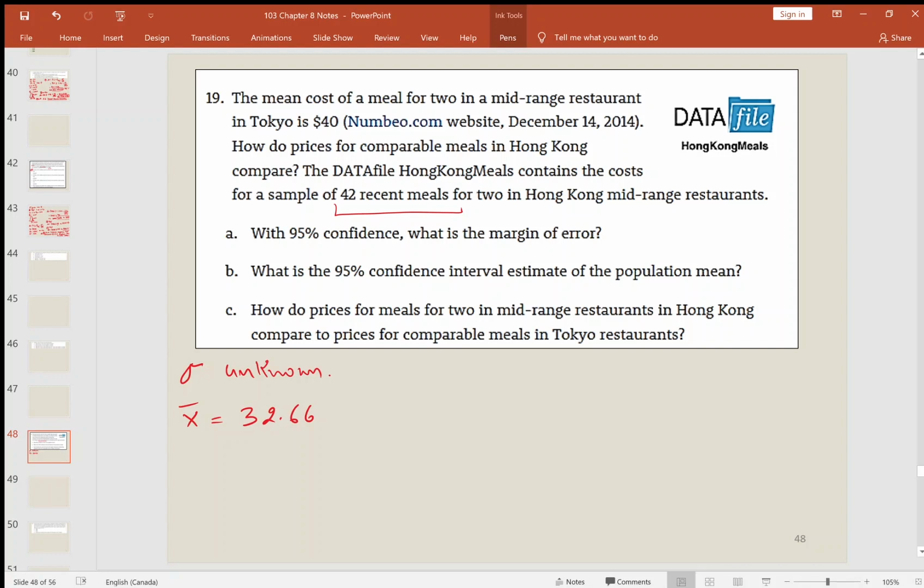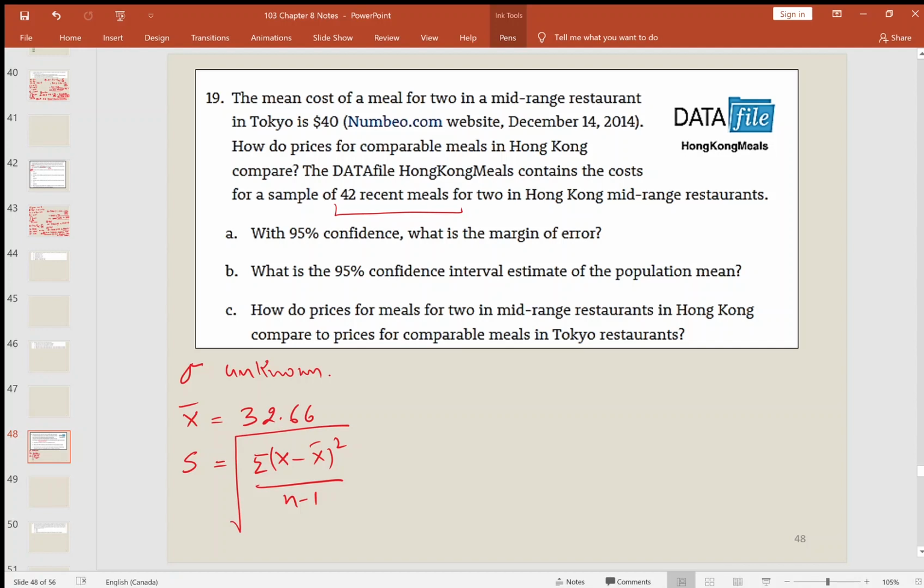Also remember chapter 3, where once we have some data values, we can calculate the sample standard deviation S by this formula: the square root of the sum of (X minus X bar) squared, divided by n minus 1.